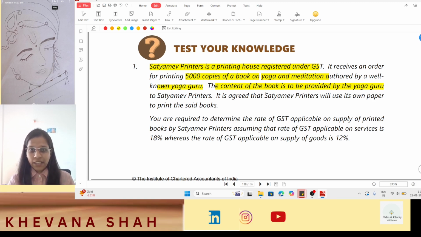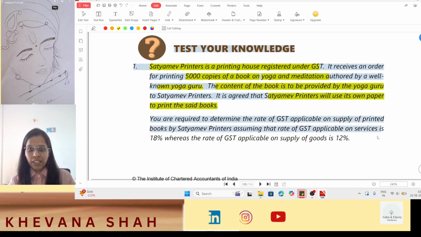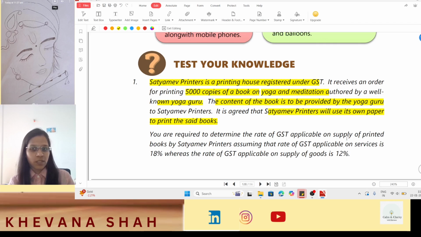Now it is agreed that Satyamev Printers will use its own paper to print the said books. So Satyamev Printers, who is the service provider, is going to use its own goods. So it has goods, that is the paper, and it has services, that is the content of the book. Now, the question says you are required to determine the rate of GST applicable on supply of printed books, assuming that the rate on supply of services is 18% and the rate applicable on supply of goods is 12%.